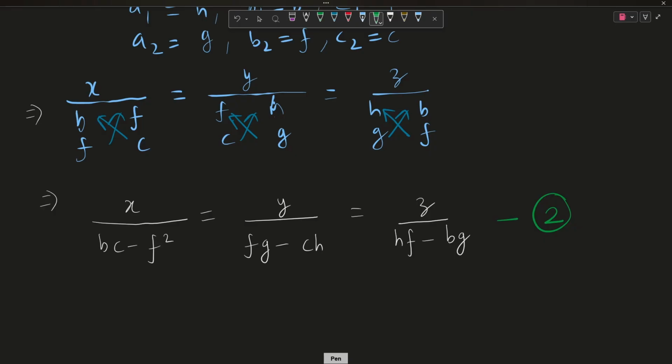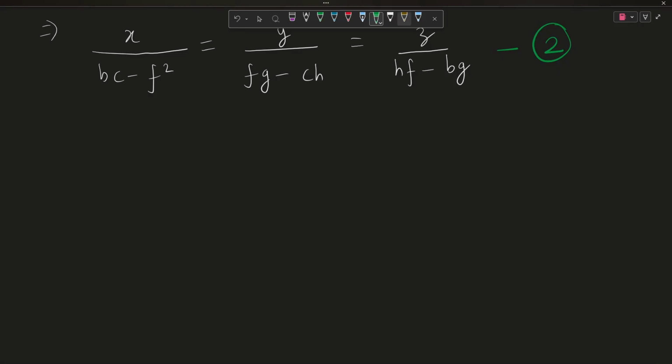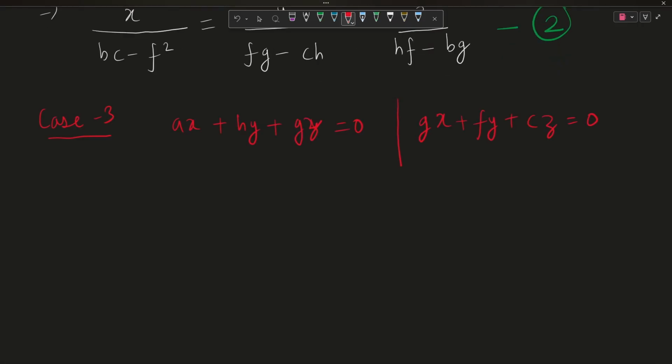Now we will be taking the third pair of equations, which is the first equation and the third equation. Now we will solve these equations.